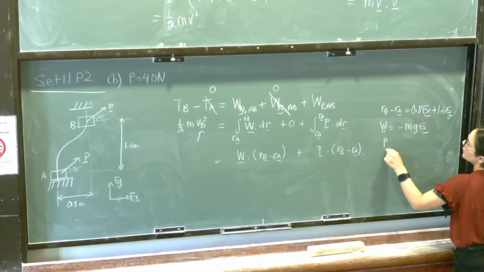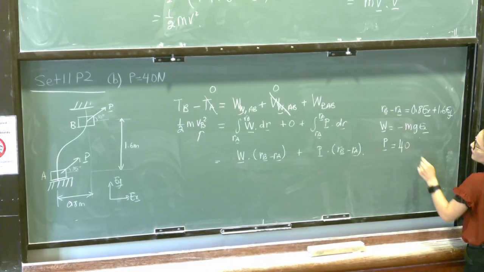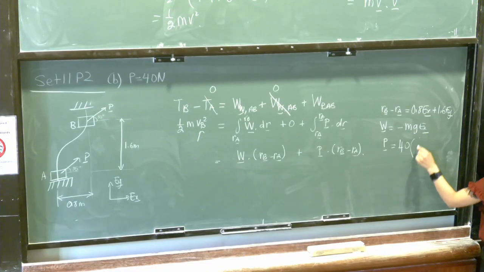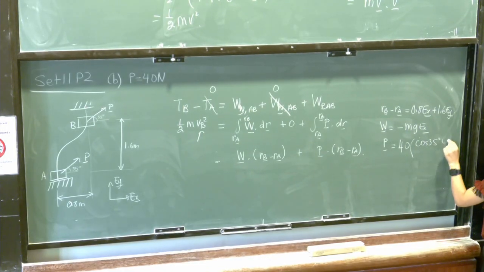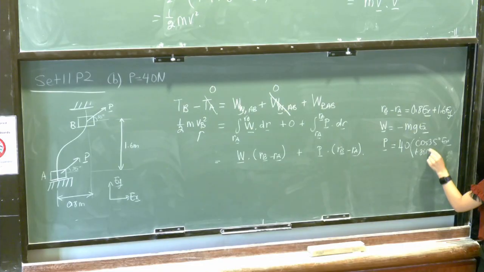What about P? It's whatever it is, 40 cosine 35 ex plus sine 35 degrees ey. Right. Thank you. Okay. And then you have everything you need to replace in the equation and calculate VB, right? Any questions? Raise your hand if you were almost getting there. Yeah? Great. Okay. Very good.